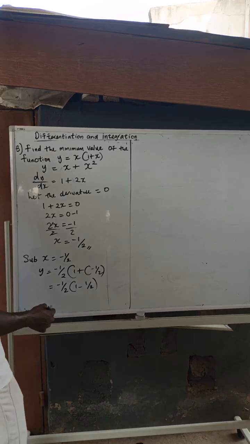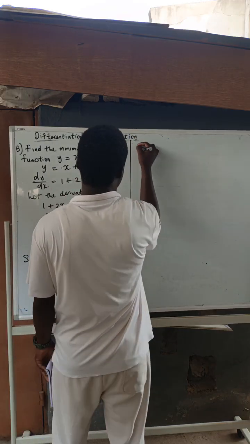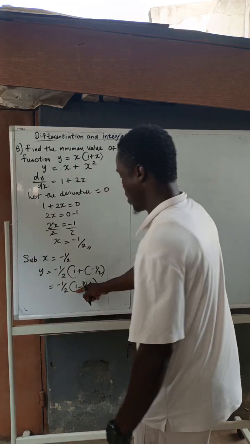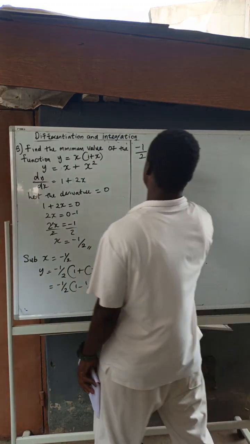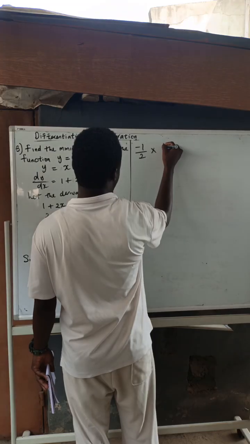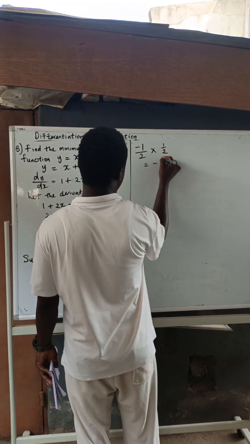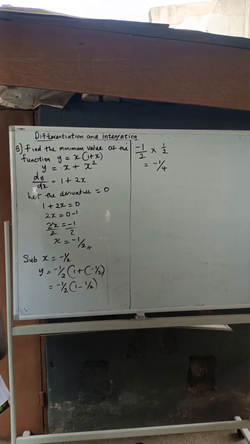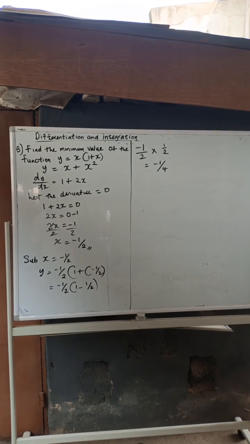Don't forget that 1 minus half is half as well. So minus 1 over 2 multiplied by half gives me minus 1 over 4. So the minimum value of the function y is minus 1 over 4.